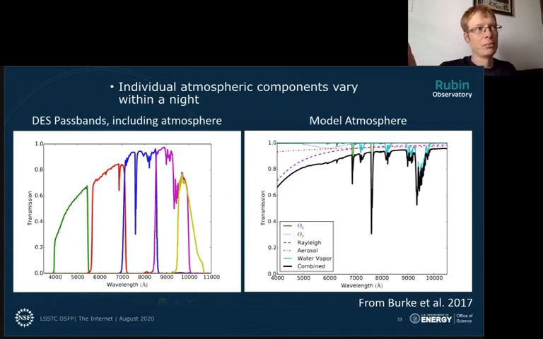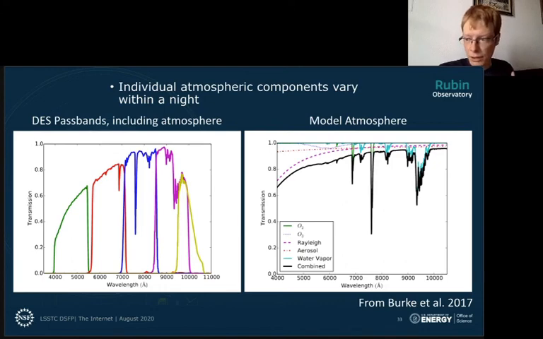And so that's going to make the telescope, which has the same hardware, the same filters, the same sensors, have slightly different dependence on the colors of the sources because of this weather-based variation. And so the Dark Energy Survey has done a lot of work to try and model that weather variation from the photometric data itself, which is super cool, and it's described in this paper here, if you're interested in more details.